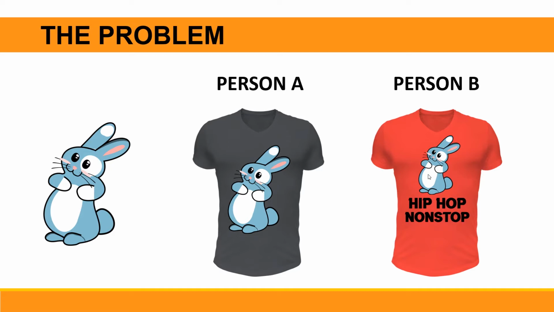So both of these designs are on Redbubble. Now you can see that both of these designs are essentially the same thing. The second design is just a little bit different because they have added text to it, but it doesn't make any difference in terms of the rabbit shape or the rabbit graphic element. The rabbit graphic element is basically the same.